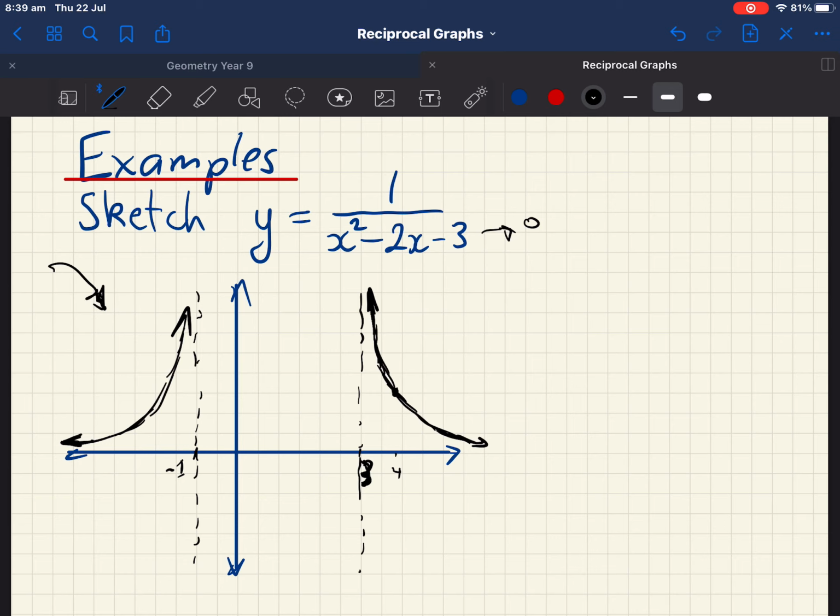The middle region, the section in between the 2 vertical asymptotes, is typically the harder region to do. Here I was talking about the possibility of it turning and doing something weird like that.